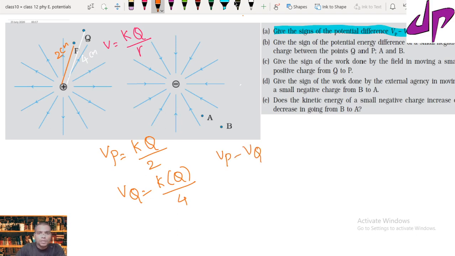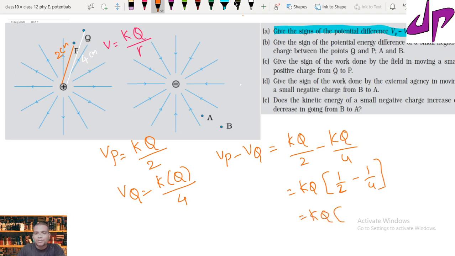Vp minus Vq, just subtract the two quantities: Kq upon 2 minus Kq upon 4. So pull the common factor Kq: 1 over 2 minus 1 over 4. If we do that, we get 4 minus 2 on the numerator and denominator 4 twos are 8.